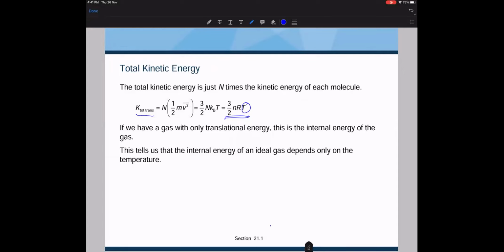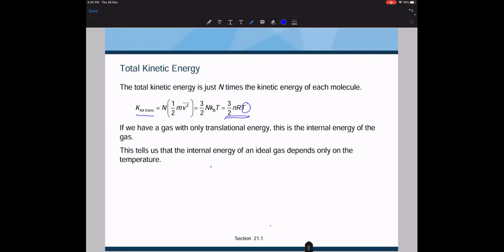And therefore, for the gas molecules, which are simple systems of particles with no interaction at all among themselves, the total kinetic energy is equal to the total internal energy.